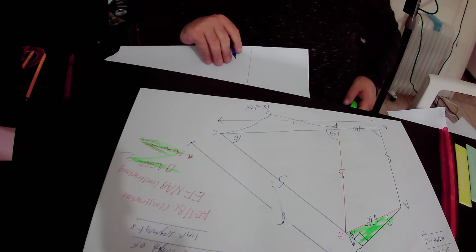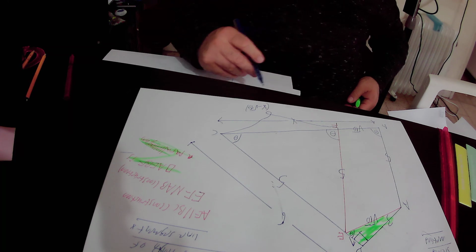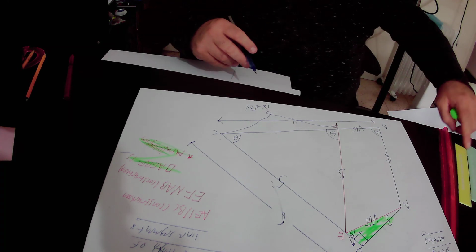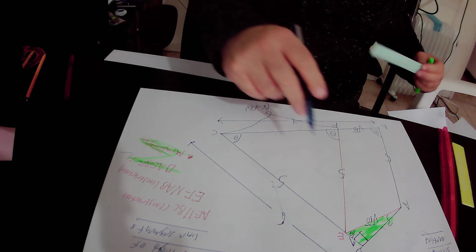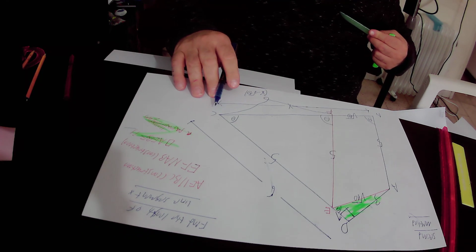So here we know that triangle FEC is an isosceles triangle because FE equals EC equals 5 units.